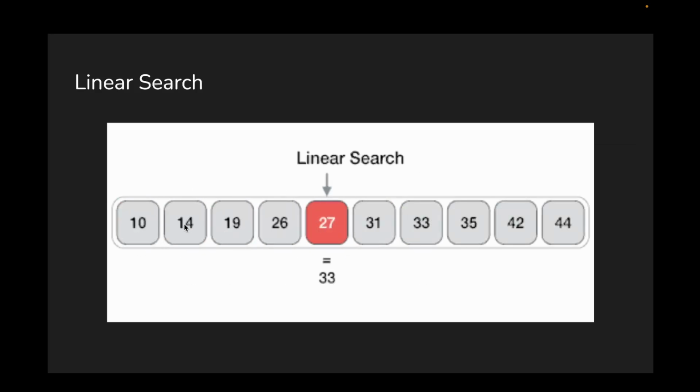We're comparing with 10, 14, 19, and then all the way until we find the correct value, until we find the target. So in the worst case, we would have to look through the entire array, and our target value would be at the end. There's something you can use to represent this. It's called big O notation.